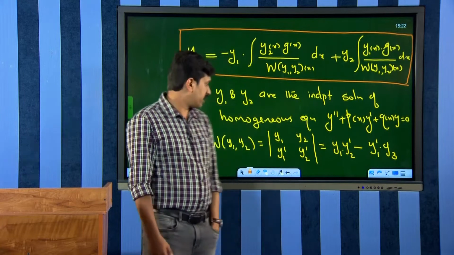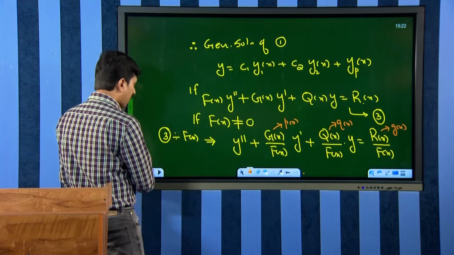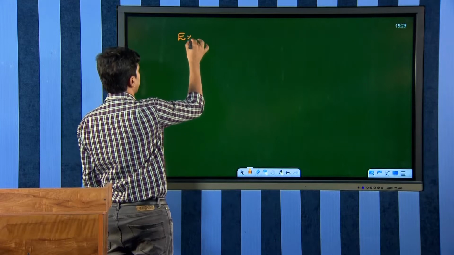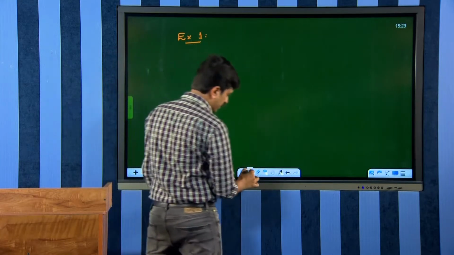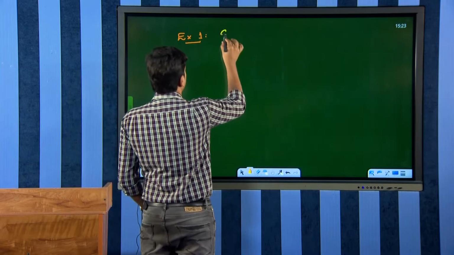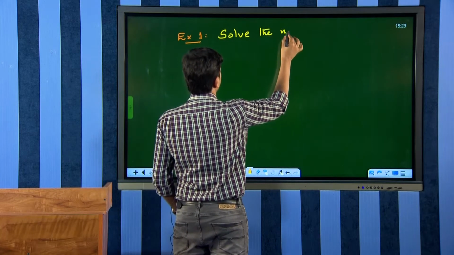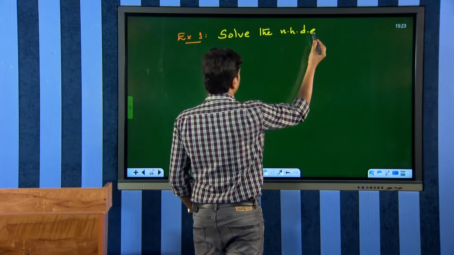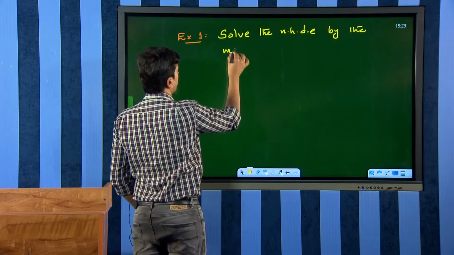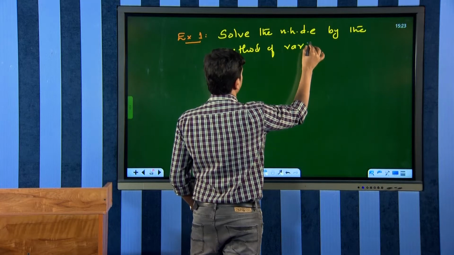Okay, dear students, I would like to invite your attention to the next example. In this example we discuss: solve the non-homogeneous differential equation by the method of variation of parameters.